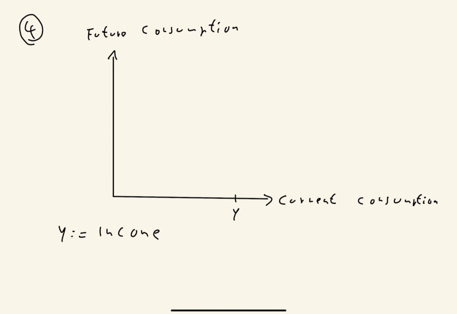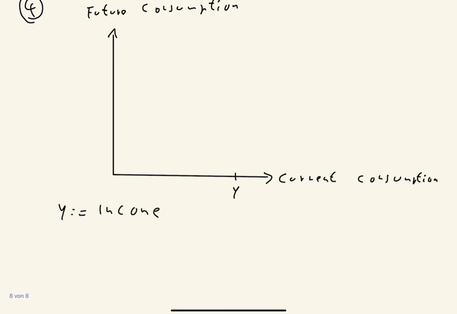Now what we need to find out is the maximum amount of future consumption that I can have. Here we need to consider that there is a deduction of $5,000 on the savings. So the first $5,000 that we are saving, we do not have to pay taxes, at least not now.